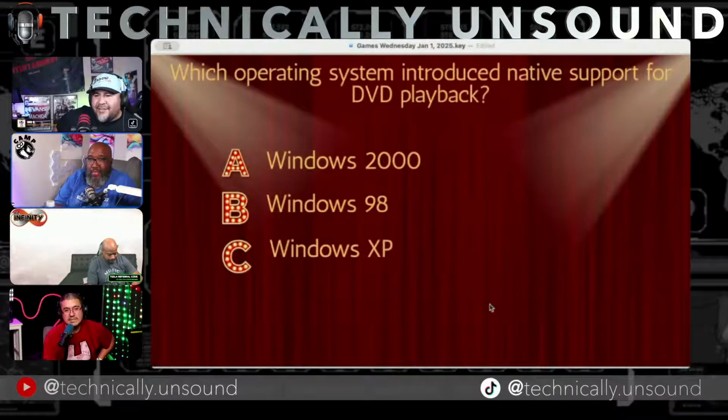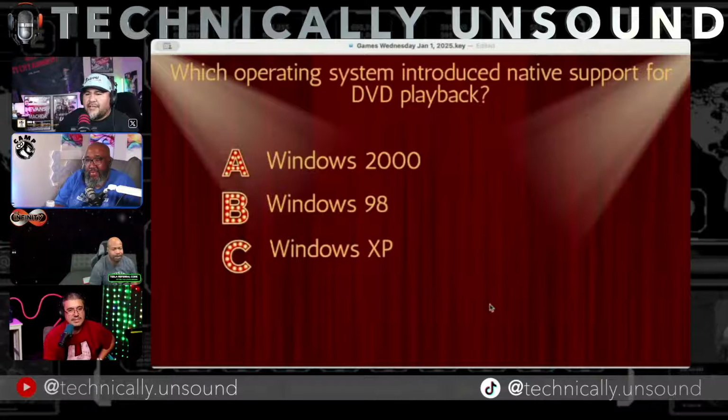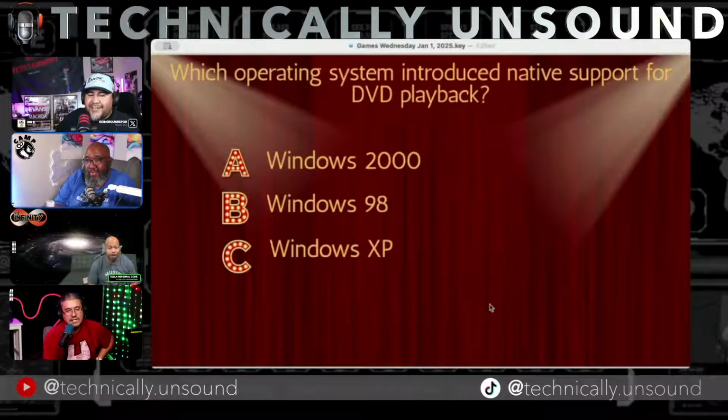Which operating system introduced native support for DVD playback? A. Oh, I don't think so. I'm just guessing. I don't remember XP allowing that, because it was a plug-in back then. I remember always having to download software to do that. That's what I'm saying, it wasn't native, just press a button.